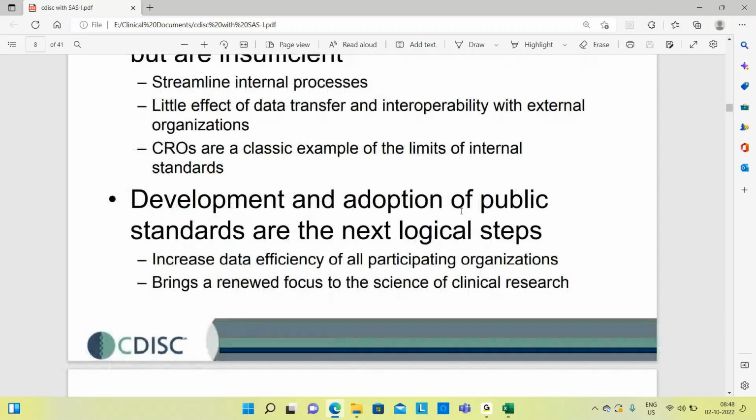Our organization may be following some internal standards, which is good, but still you have to develop and adopt public standards, so that it will be easy. You will also be in the race in the market.